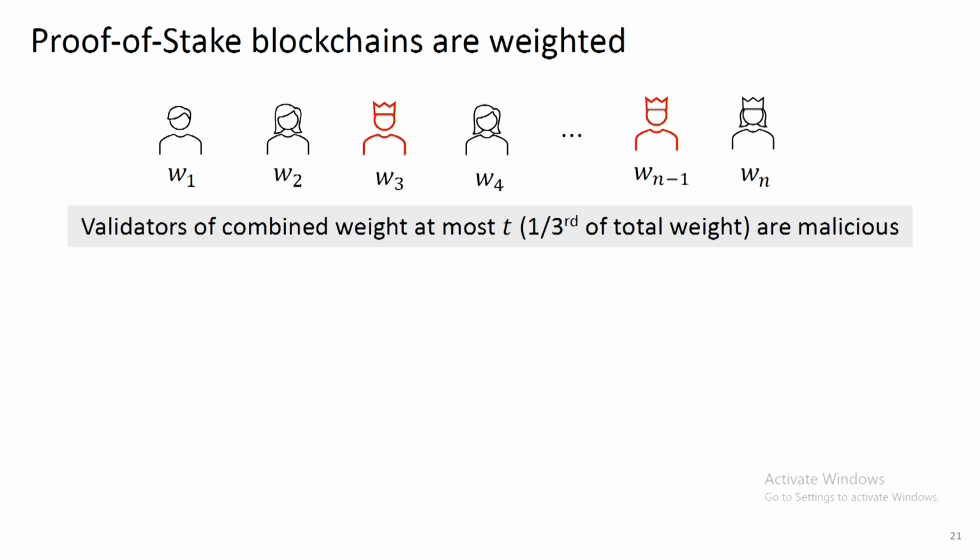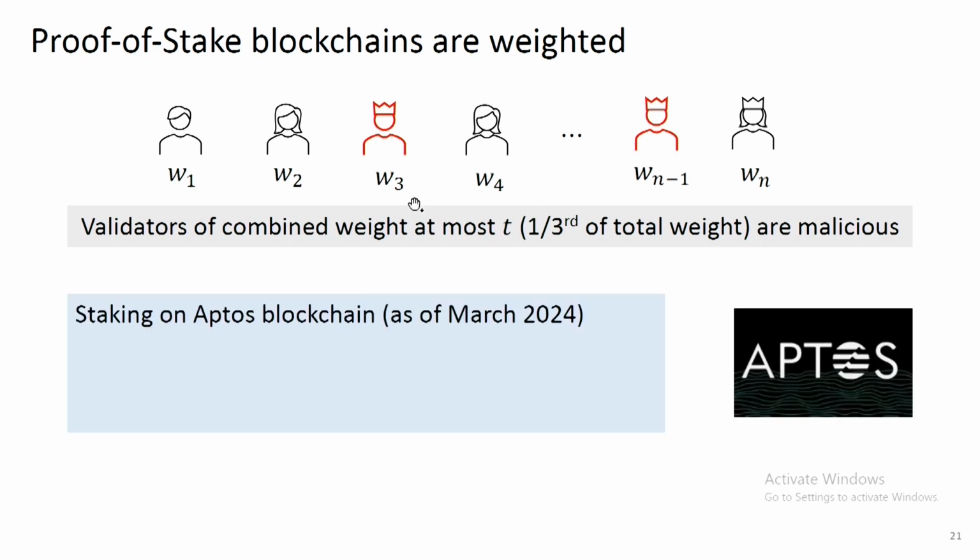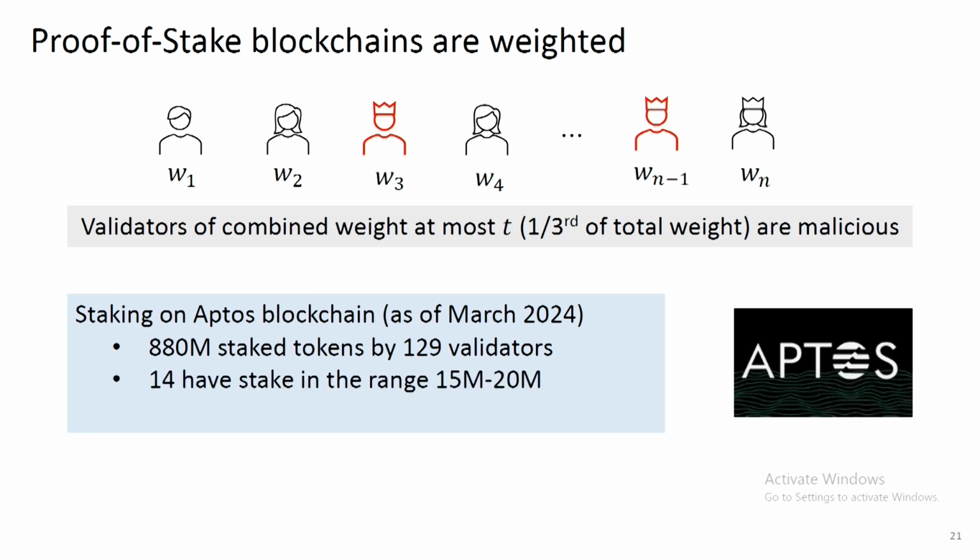The security assumption says at most 1/3 of the stake is malicious, and we need to solve this problem. For example, in Aptos, we have about 880 million staked by 129 validators, and the distributions can be arbitrarily different.